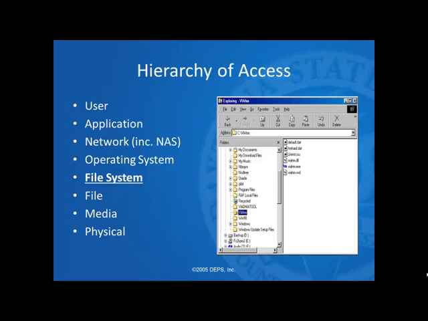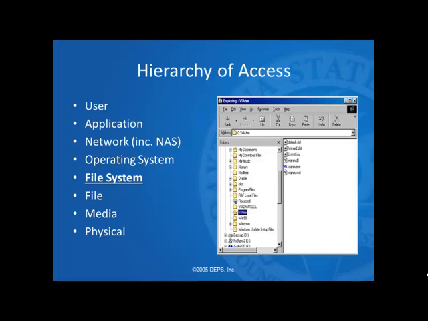For instance, if you mount a Windows native file system like FAT or NTFS on a Linux operating system, yes, it will read it, but it will do some very strange things to the dates, because the dates are not done the same way in Linux as they are in FAT and NTFS. And so you may well find yourself with some very strange dates in there, and it's entirely because of the way the operating system interacts with the file system.